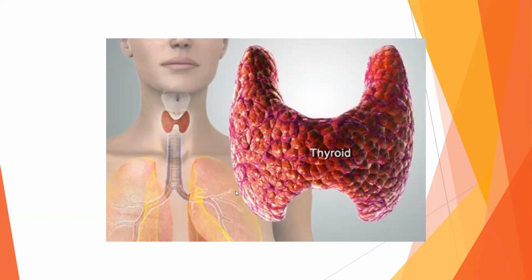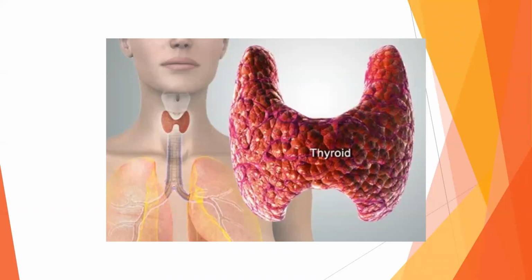Okay, let's proceed to the hormones that are produced by your thyroid gland. We have different hormones produced by your thyroid gland, namely thyroxine, otherwise known as T4, and triiodothyronine, otherwise known as T3.